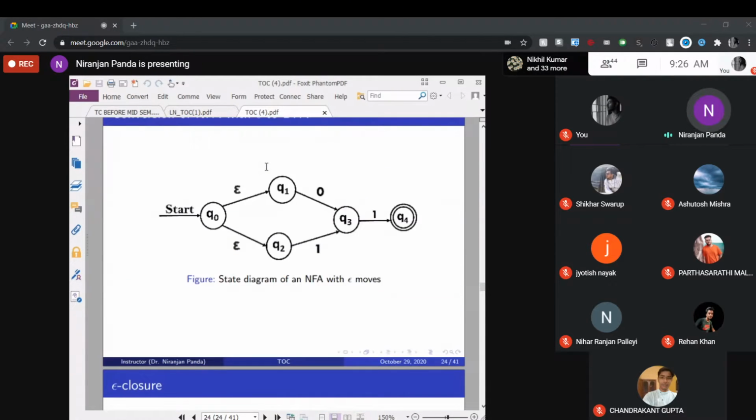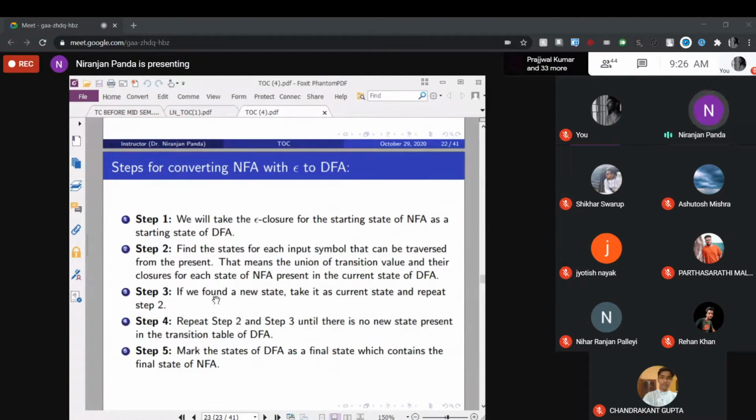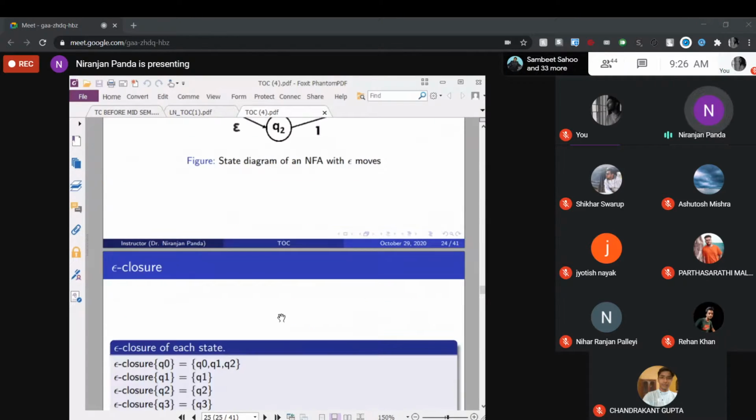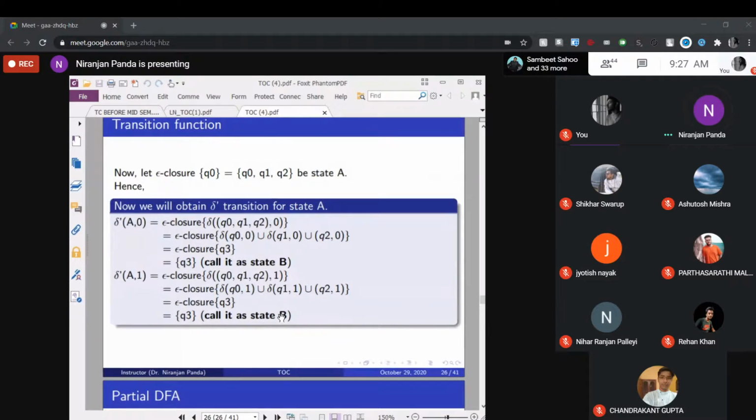You repeat this process for every input symbol, moving from the DFA state to a resultant value and finding its epsilon closure to get the state of the DFA.